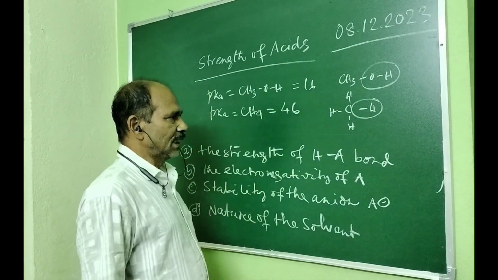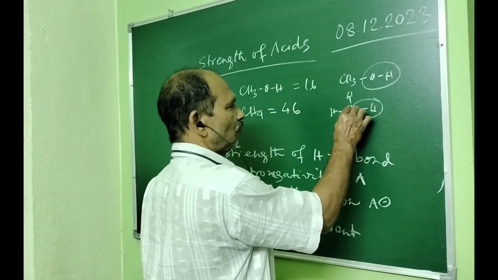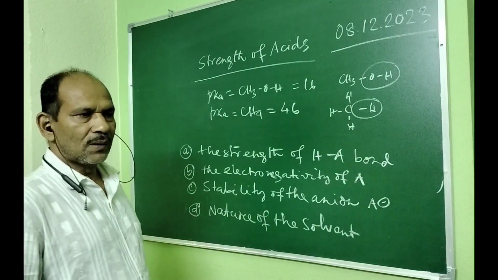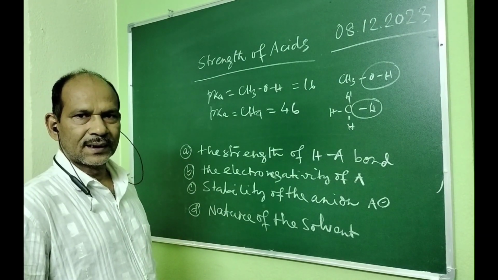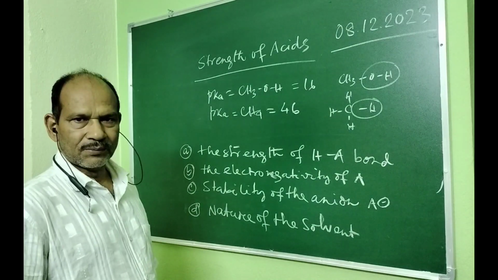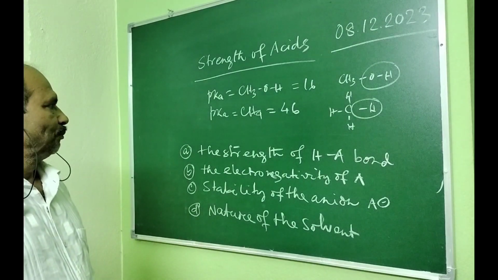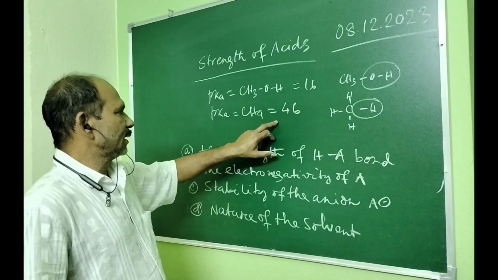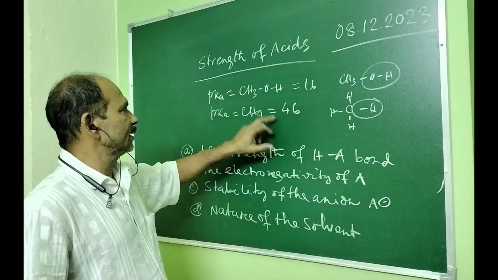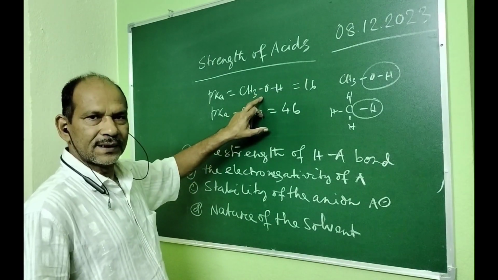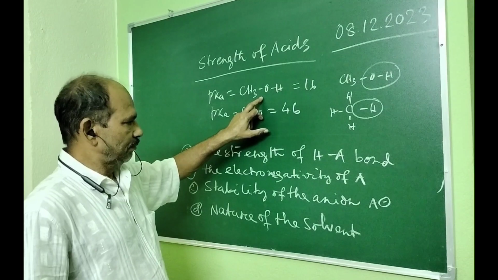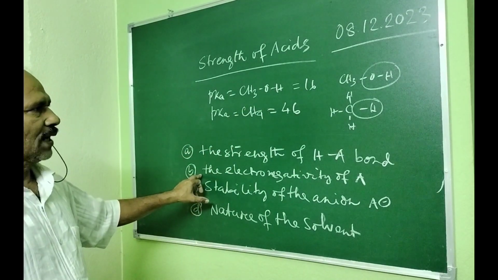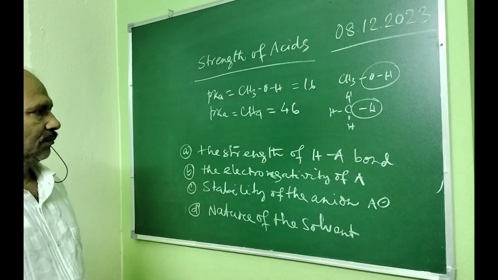But in methane, carbon is 2.5 whereas hydrogen is 2.1 in electronegativity, so the electronegativity difference is small and the CH bond is hard to break. So the pK of CH4 is 46, whereas for methanol it is 16. It is obviously the second factor, the electronegativity factor B, that arises here more predominantly.